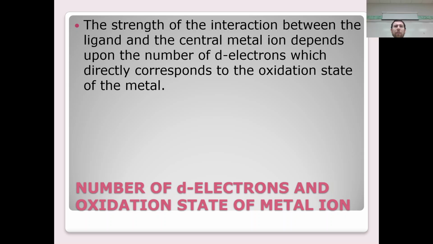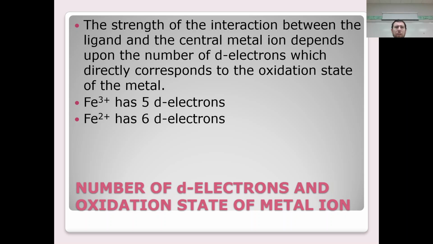So again, the interaction is going to be strengthened based on the interaction between the ligand and the central metal ion. That makes sense. And a component that we have to look at is how many d-electrons that transition metal has. That's essentially what that's communicating to us, right?